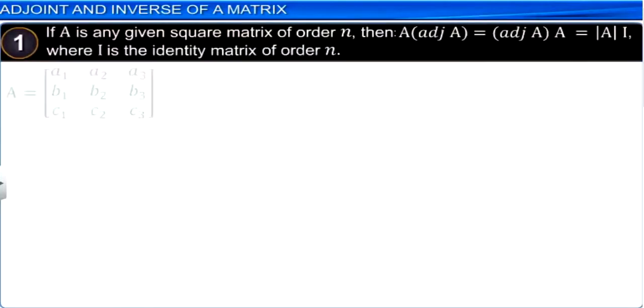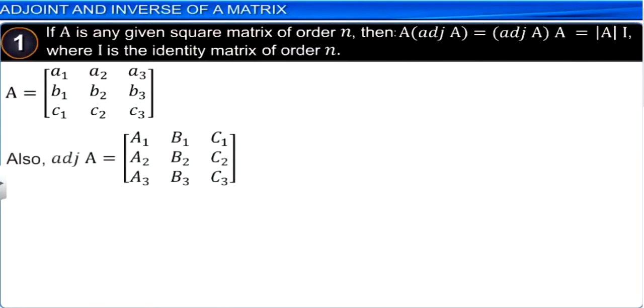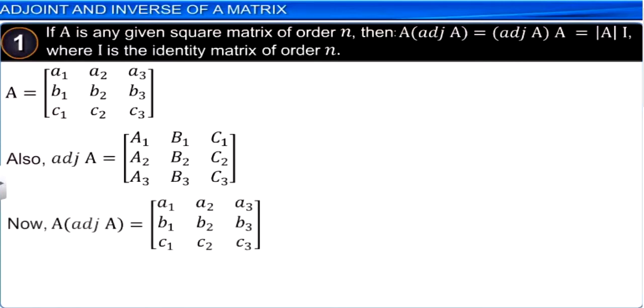Let A be a 3x3 square matrix, as shown here. By definition, adjoint of A is the transpose of the matrix obtained by replacing the elements of the square matrix A by the corresponding cofactors. Now, let us find the product of matrix A and its adjoint.